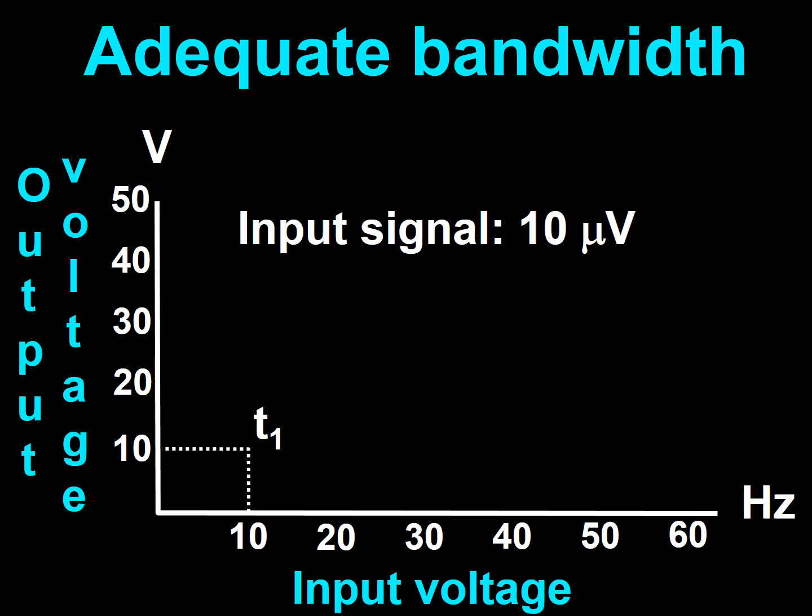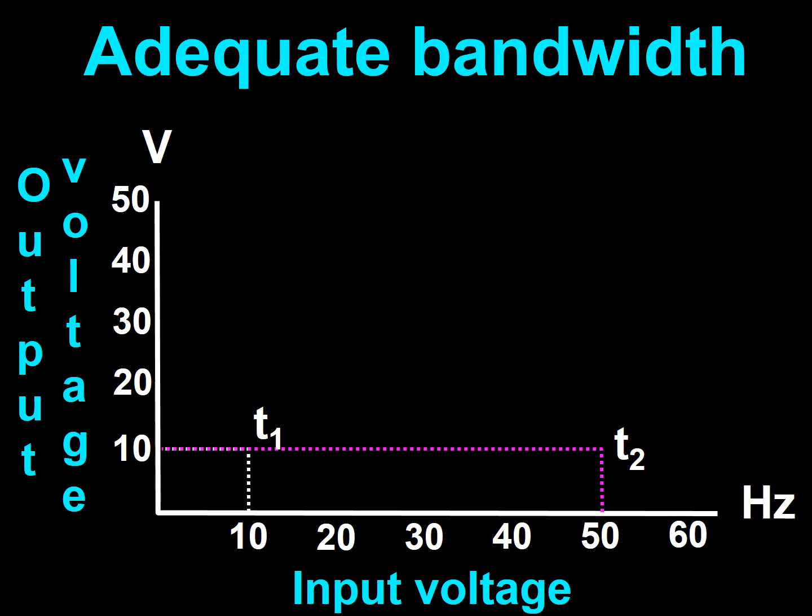So, if an input voltage coming into a good amplifier has a frequency of 10 Hz and an amplitude of 10 microvolts and it produces an output signal of 10 volts, a good amplifier could also produce an output of 10 volts if a 10 microvolt signal is presented with a frequency of 60 Hz.